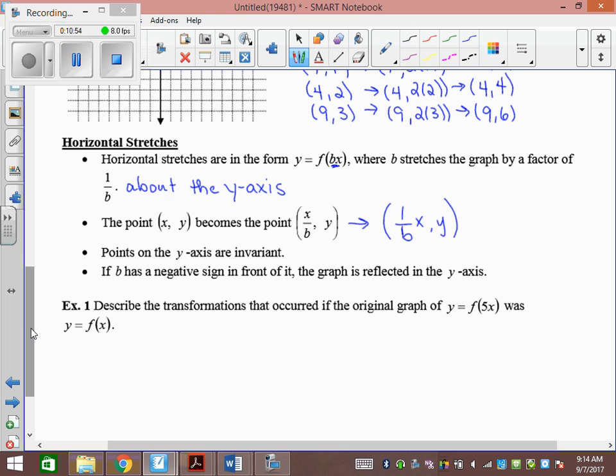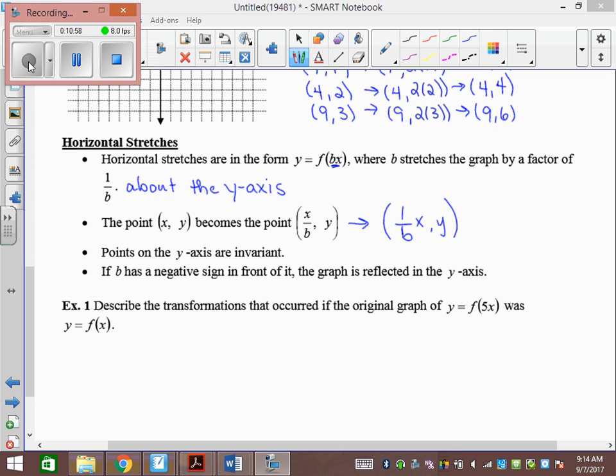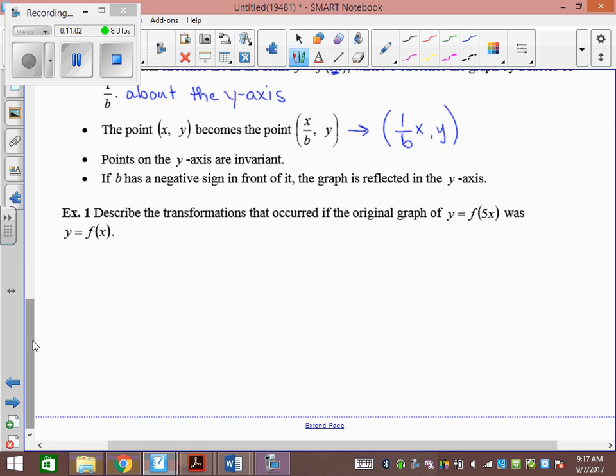Now, if you just have a horizontal stretch, all right, so it's 5x. So we have a horizontal stretch by a factor of what?